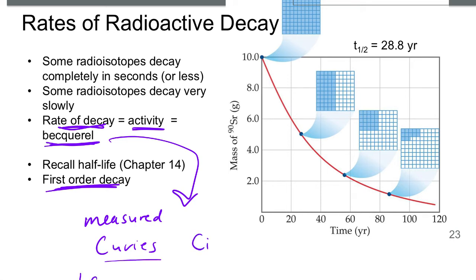So 1 Ci is equal to the decay of 3.7 times 10 to the 10 nuclei per second. And where does that weird number come from?